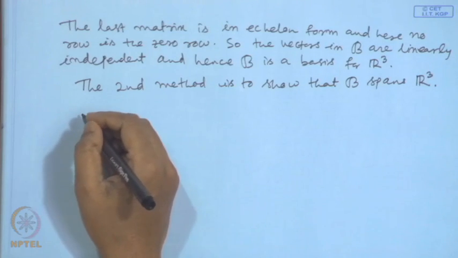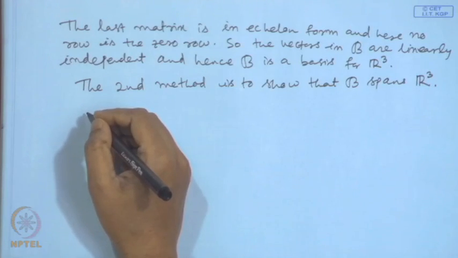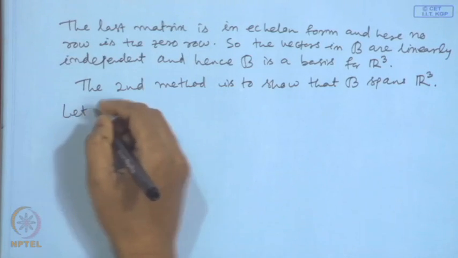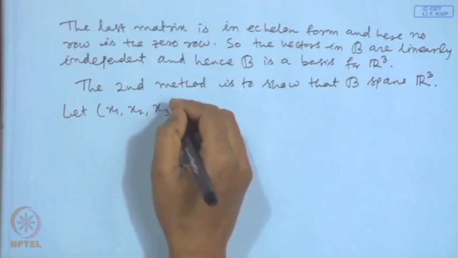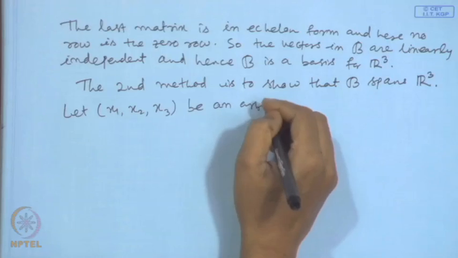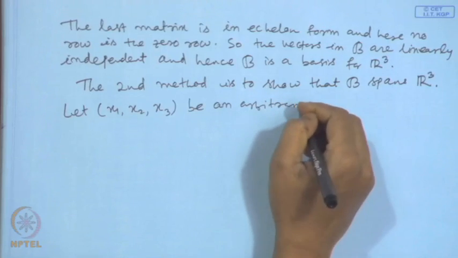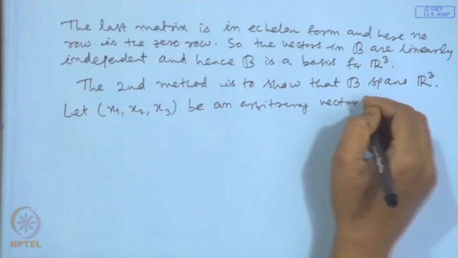B spans R 3 means that if we consider any arbitrary vector in R 3, we should be able to write it as a linear combination of vectors in B. So, let x 1, x 2, x 3 be an arbitrary vector in R 3.